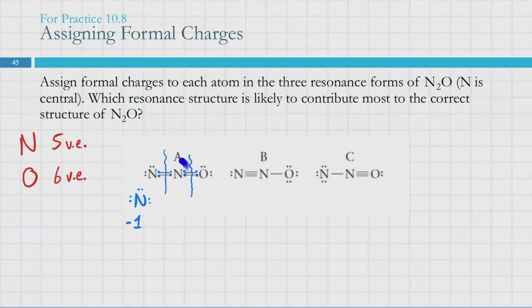The nitrogen in the middle, again, likes to have 5, but it has 4. So it's 1 short. It's minus 1, but it's a negative charge, so it's a plus 1. We love electrons and them being negative and making life so confusing. Oxygen has 6 dots around it. It likes to have 6, so that's going to give it a 0 charge for its formal charge. Go ahead and do the formal charges for B and C.